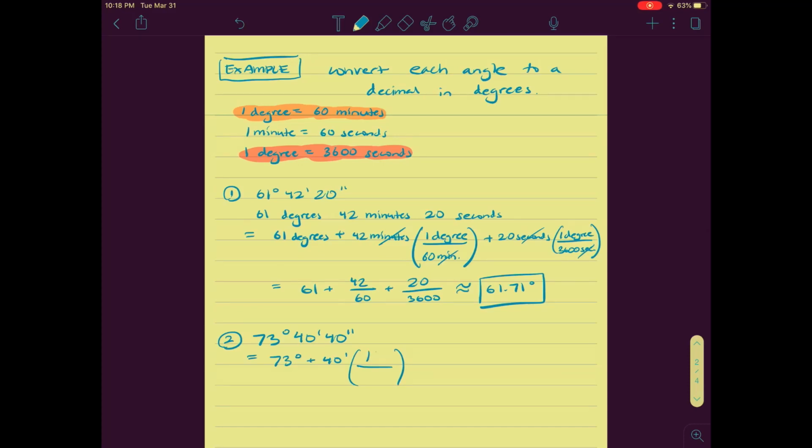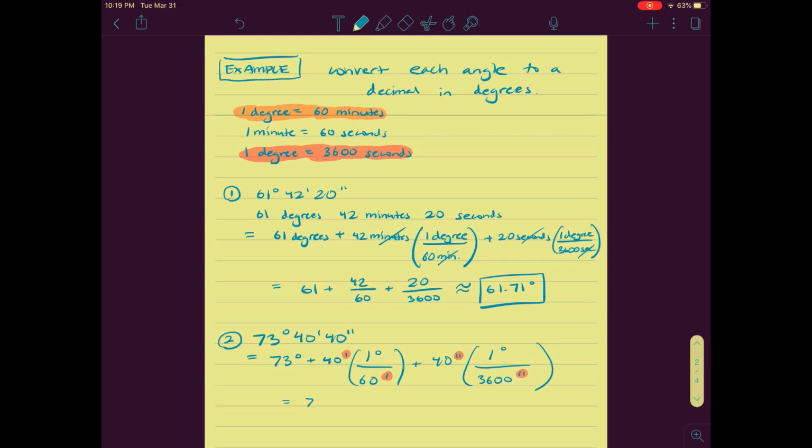So I'm going to multiply it by 1 degree over 60 minutes. The idea is that the minutes will cancel each other out, so I'm left with degrees. And then with the 40 seconds, I'm going to multiply that by another ratio, this time 1 degree over 3600 seconds. Once again, the seconds units should cancel out, and you're left with degrees.